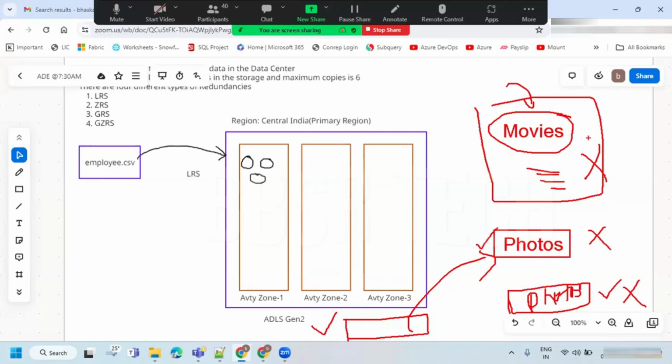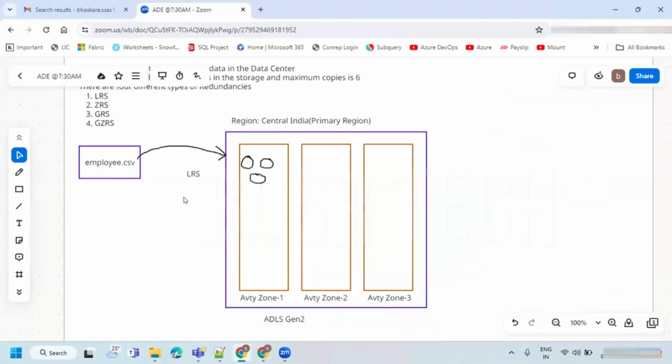In the same way, if I have the data in multiple places, and if I lose the data in one place, there are more chances of still having the data. Because of that reason, we are going to take the replication. The data is going to be stored in different racks, not in the same rack.